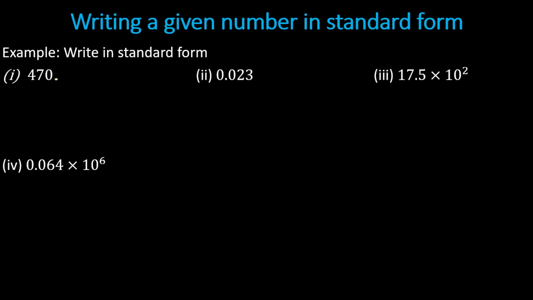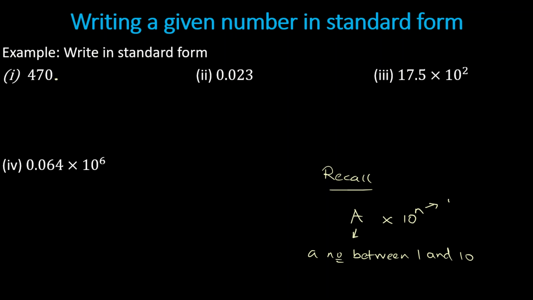So to be able to write this number in standard form, if you recall from the previous session, a number in standard form has to be written as a times 10 to the power of n, where a is a number between 1 and 10, right? And n is an integer.